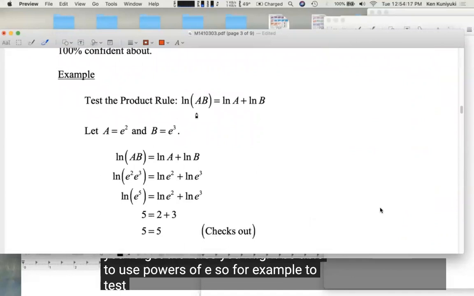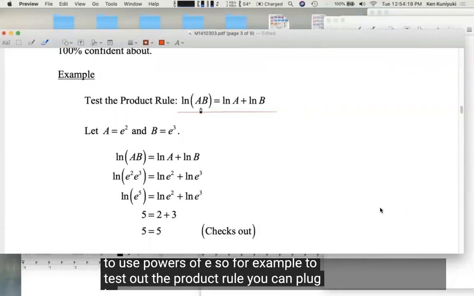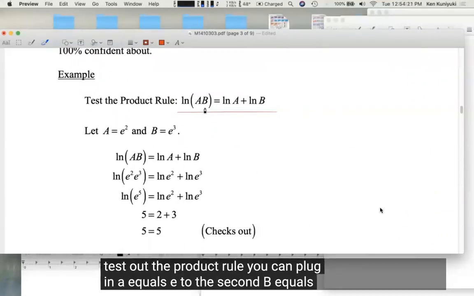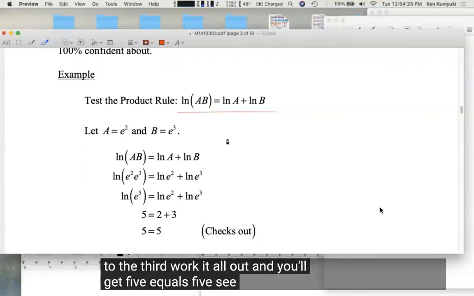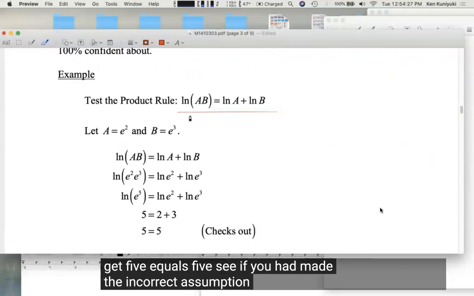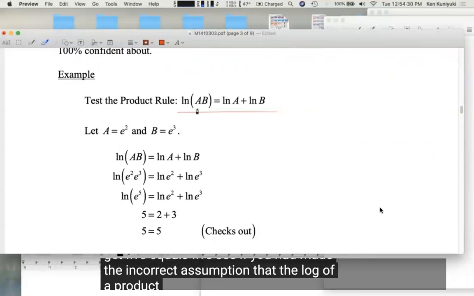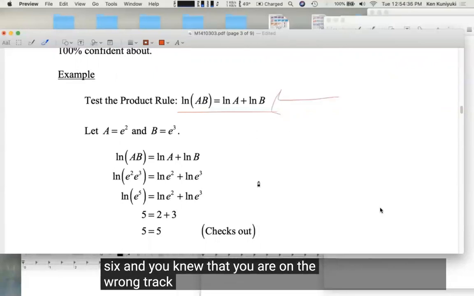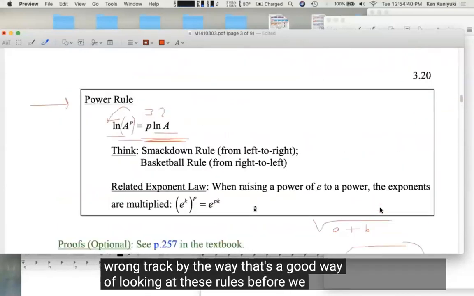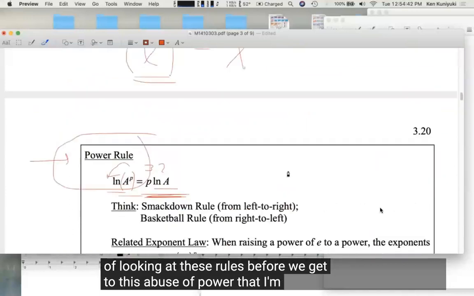So for example, to test out the product rule, you can plug in a equals e to the second, b equals e to the third, work it all out, and you'll get 5 equals 5. If you had made the incorrect assumption that the log of a product equaled the product of the logs, then you would have gotten 5 equals 6, and you knew that you were on the wrong track. By the way, that's a good way of looking at these rules before we get to this abuse of power that I'm going to talk about.